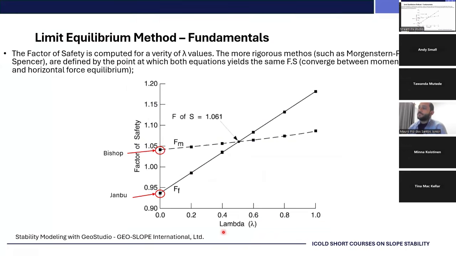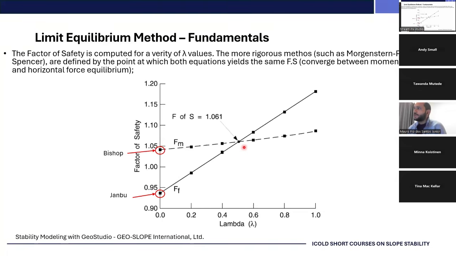And what we do with those methods, such as Morgenstern-Price and Spencer, is to actually change that lambda over a certain number of iterations, until the moment equilibrium equation reaches the same value as the force equilibrium. And at that position, you have what they call the factor of safety.